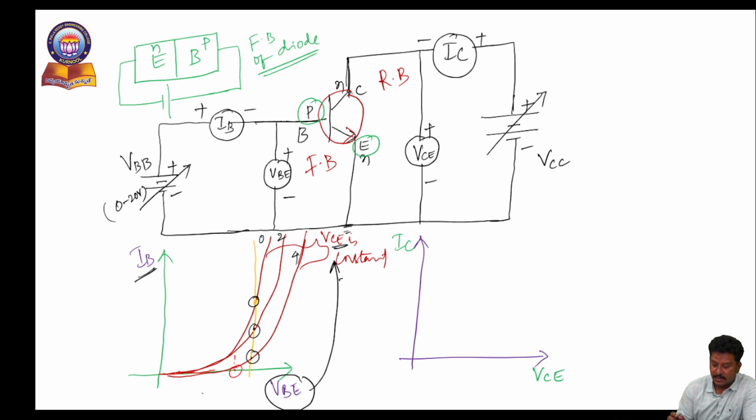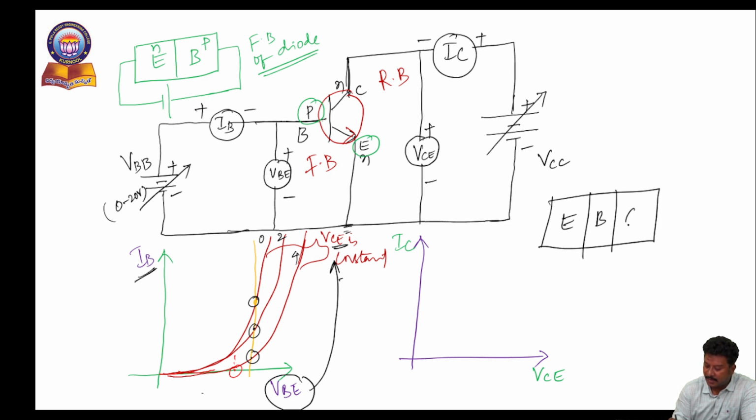Why? Because, with emitter, base and collector, I am considering an NPN transistor, applying the output as reverse bias and the input as forward bias.